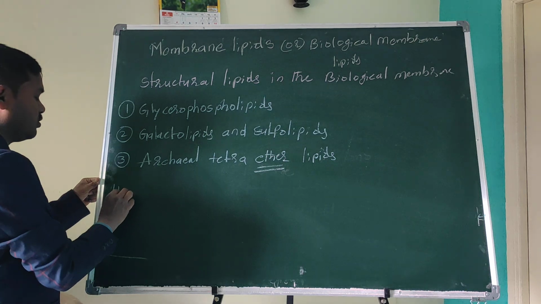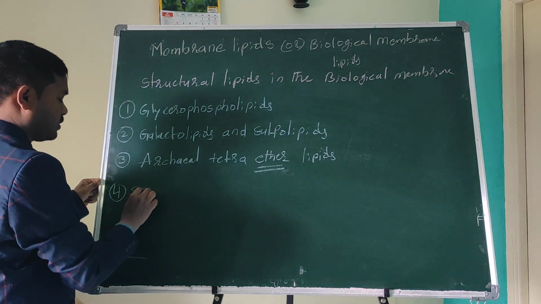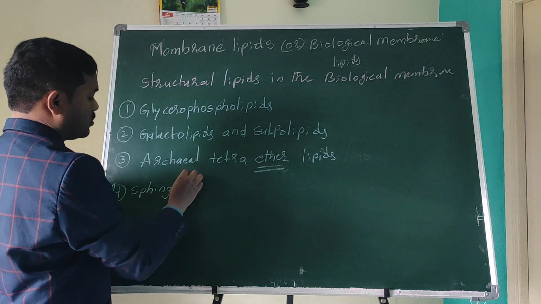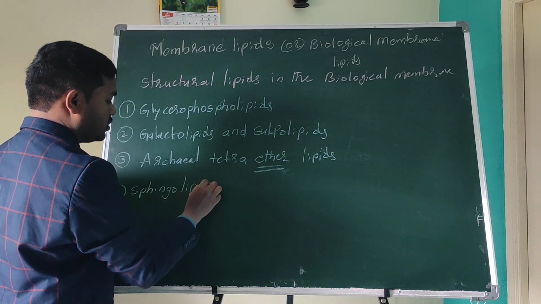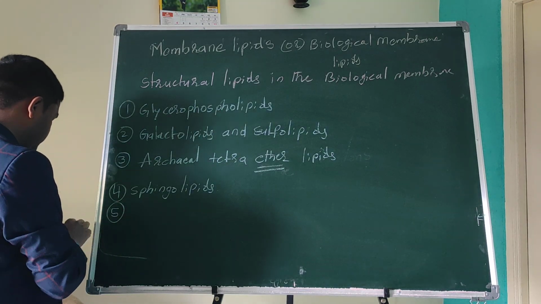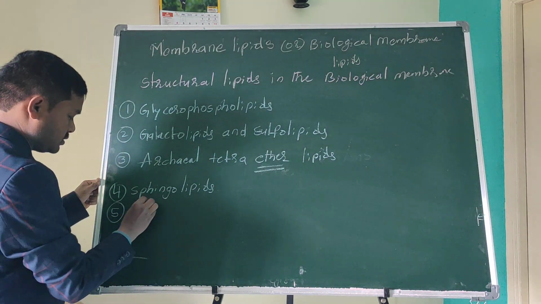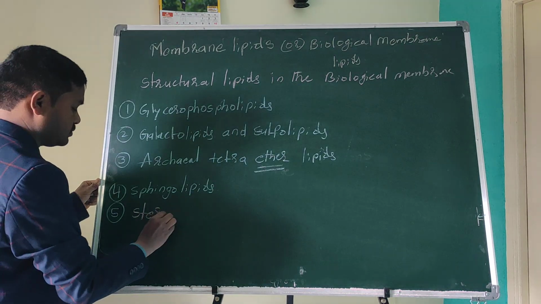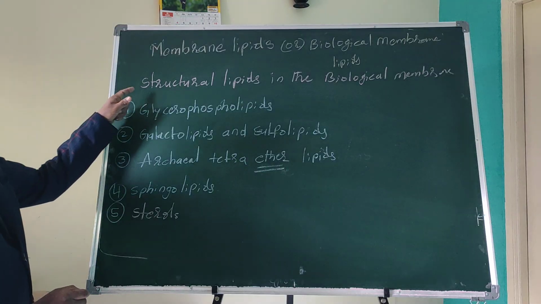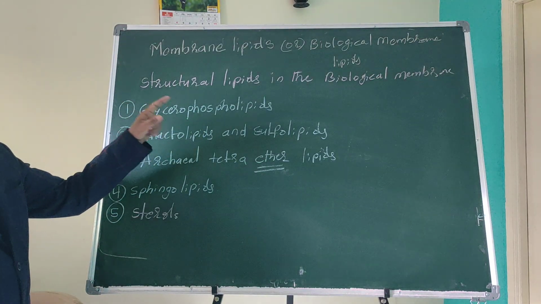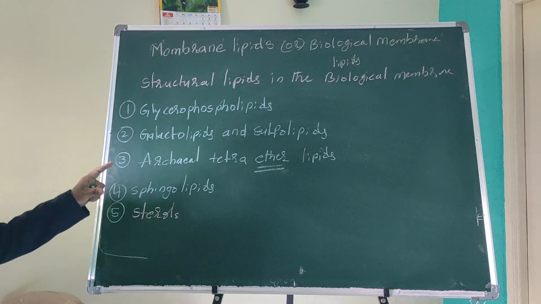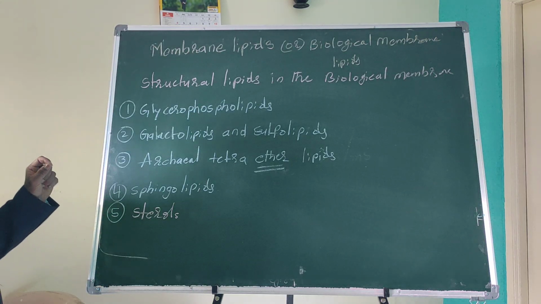Fourth one, sphingolipids. Fifth one, sterols. The structural lipids in the biological membrane are divided into five types depending upon the composition present in the lipid bilayer.